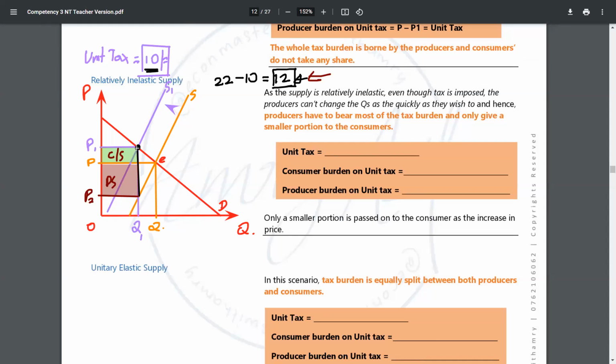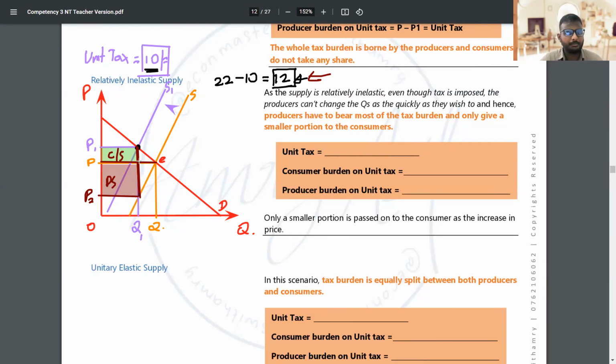So if you draw this tax line, you see which part is above the old equilibrium price and which part is below it. Whichever is bigger shows that that party bears most of the tax burden. In this case, the producer takes most of the tax burden.